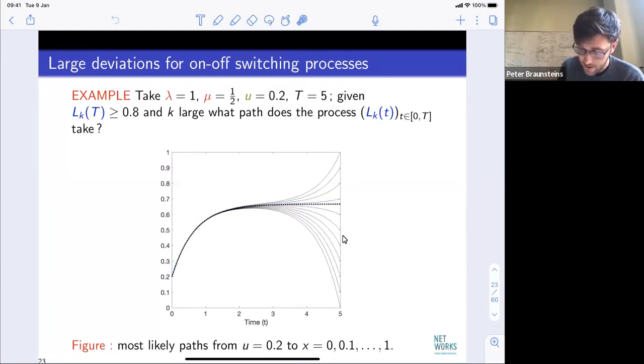The solid lines are the most likely paths that the process takes to get to a particular edge density. The one we're interested in here is 0.8. So with probability 1, when K is very large, the process will be arbitrarily close to this path. We can say how unlikely this event is, and we can also say exactly what path the process takes to get to this unlikely value with arbitrarily high probability.